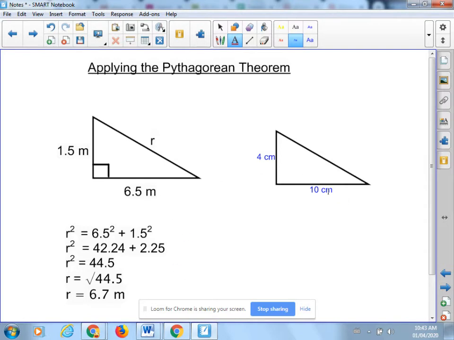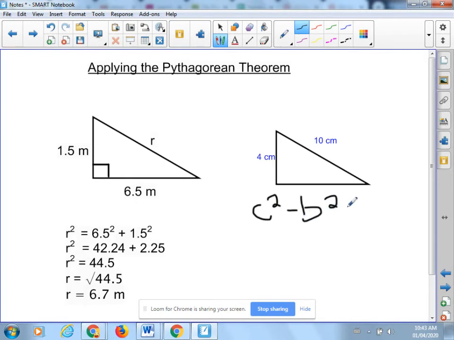If we look at the second example, I'm actually going to just move this one so that it is here. If we are working with it backwards, please remember that your formula is now going to become c squared minus b squared equals a squared.